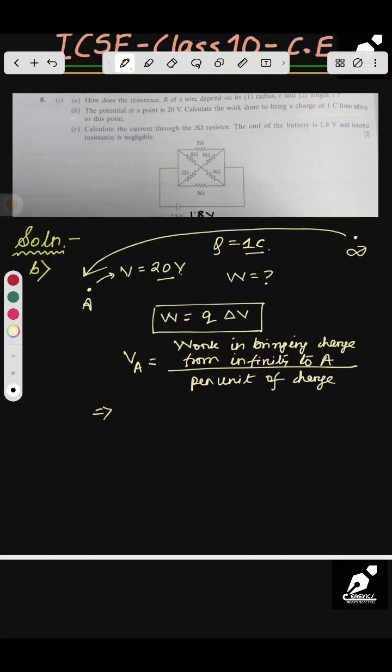So the potential is given as 20 volt. Work done we need to calculate, and the charge is 1 coulomb. So work done is 20 multiplied by 1, which is equal to 20 joule.